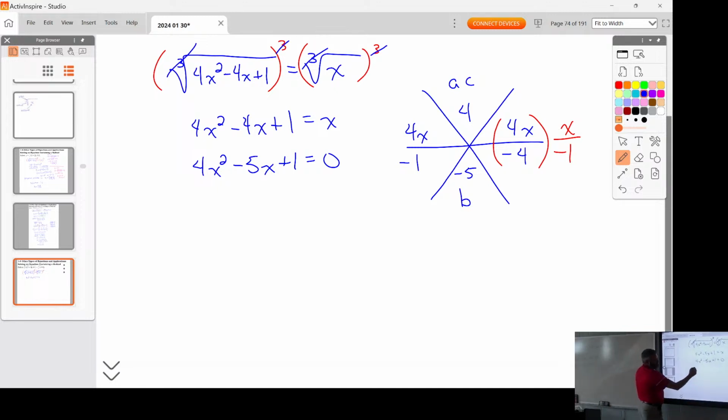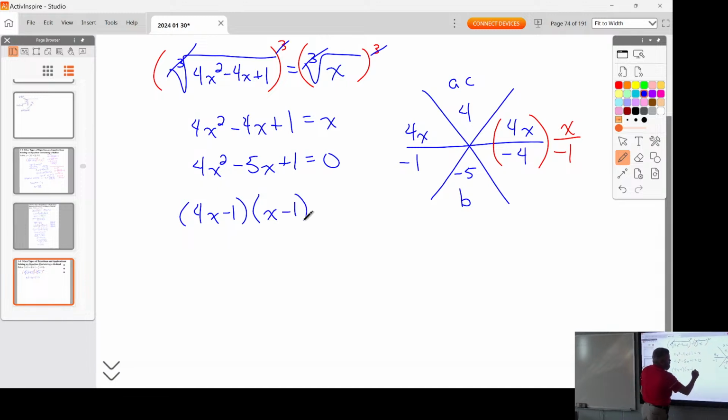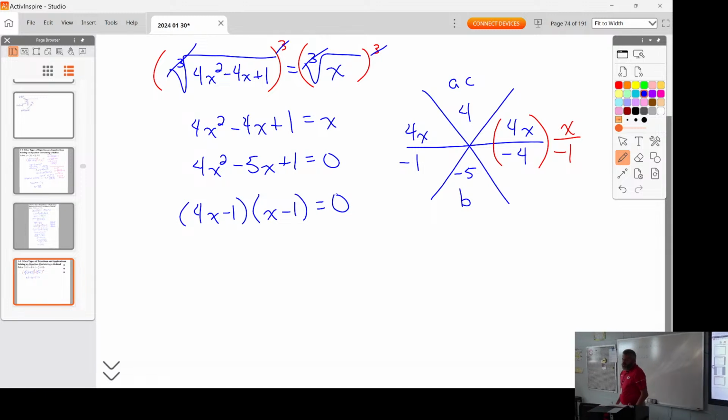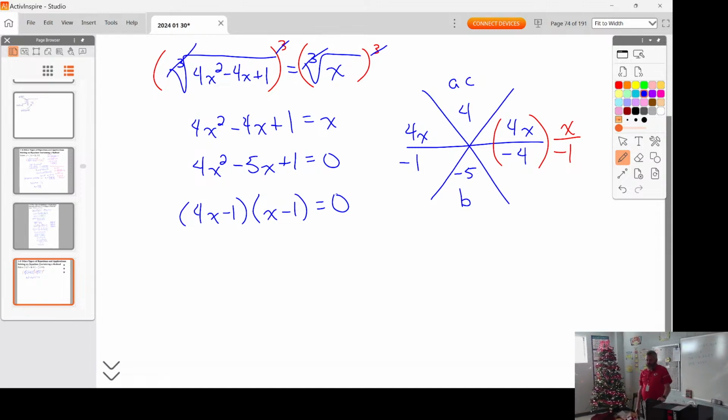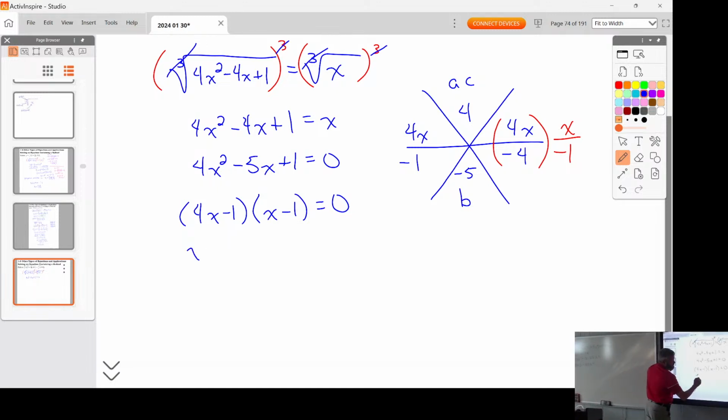So this factors into 4x minus 1 times x minus 1 equals 0. Using the zero factor property, I will set both of those equal to 0 and solve. So x equals 1/4 or x equals 1.